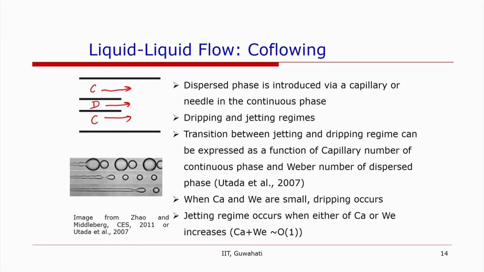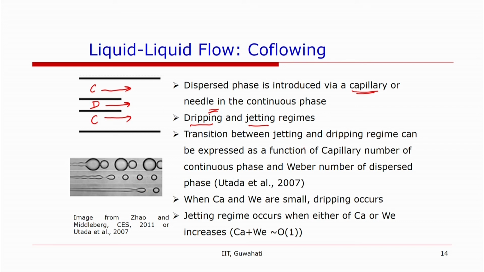The dispersed phase is introduced by a capillary or a needle in the continuous phase, and like flow focusing devices, one observes dripping and jetting regimes in this case also. Sometimes one gets droplets of two different sizes, and the droplets are monodispersed.